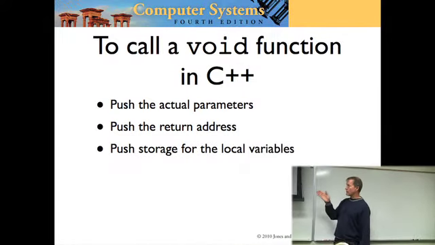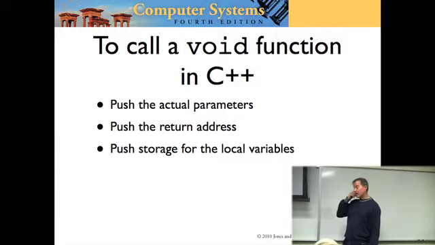You push the actual parameters, you push the return address, and you push storage for the local variables. Okay? So now the way the compiler translates this to assembly language is it has to generate explicit code to do this. This happens implicitly when you write a program in C++. The compiler has to generate statements to do each one of these things explicitly.